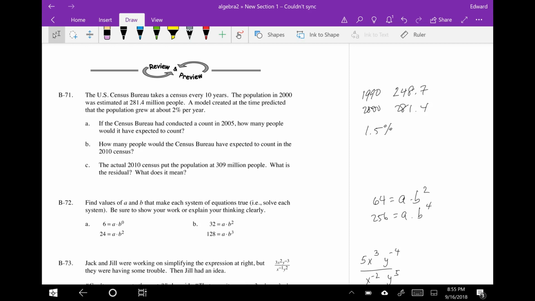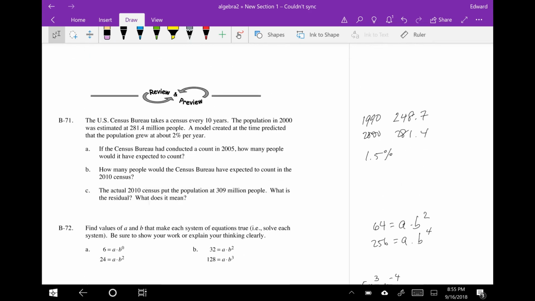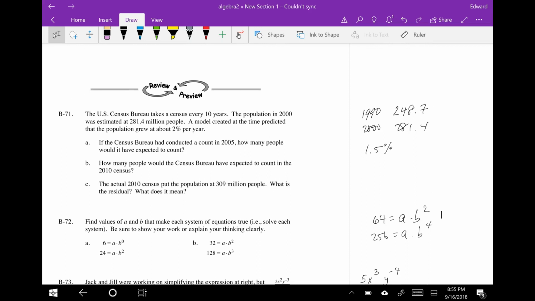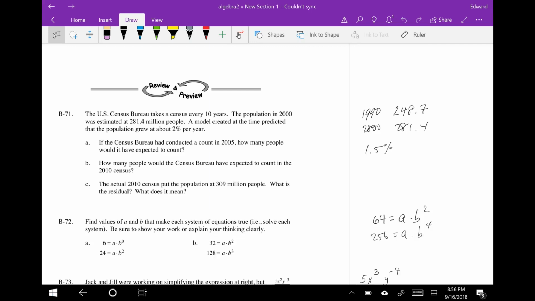So, turning to page 57 in your book, problem B71, this one talks about the U.S. Census Bureau taking a census every 10 years and the population growing over time. So, just changing the numbers.